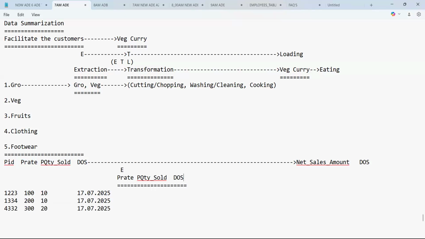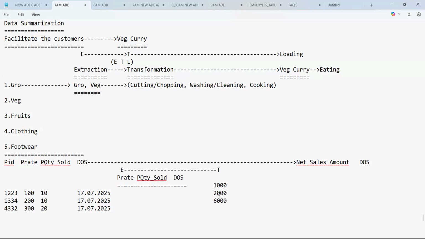Then once the extraction process is done, what happens about the transformation? I'll do the calculations directly. 100 into 10 means what, guys? 1000. I'll put the data here, 1000. And 200 into 10 is what, guys? 2000. 300 into 20 means what, guys? 6000.